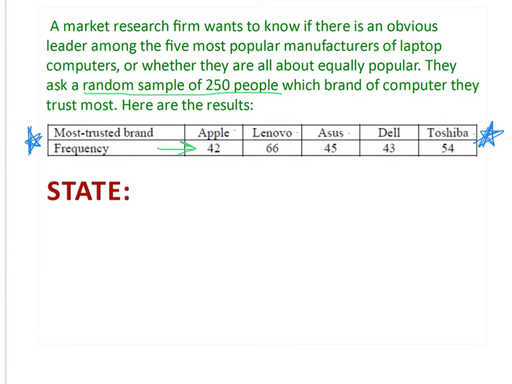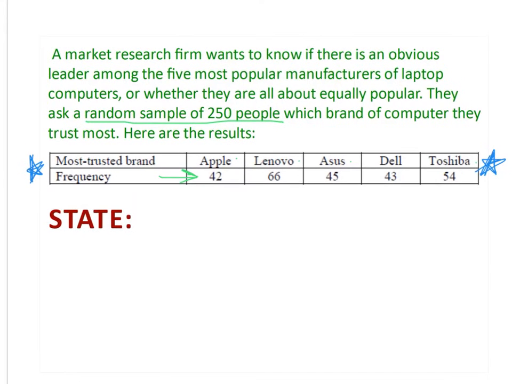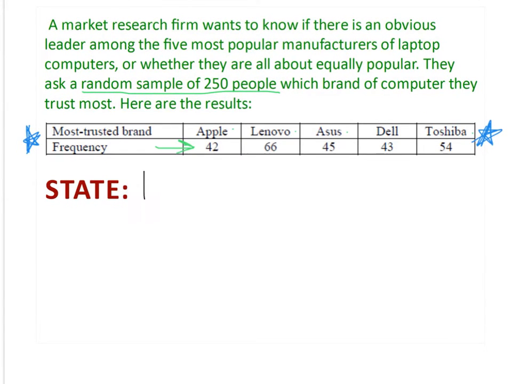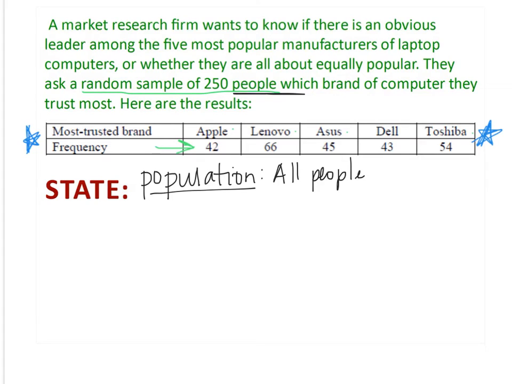So first state, I have to have my population. And the population is all the people who use laptop computers, or all people who they could have surveyed.